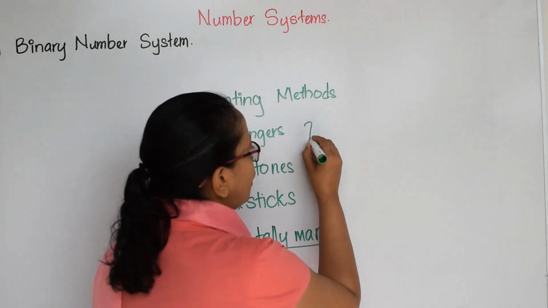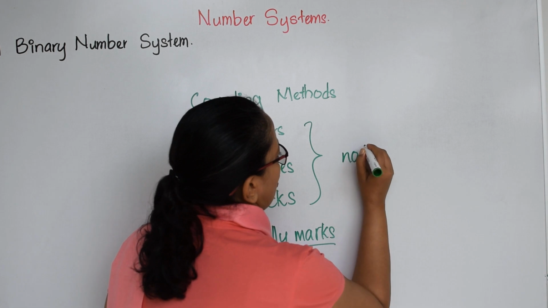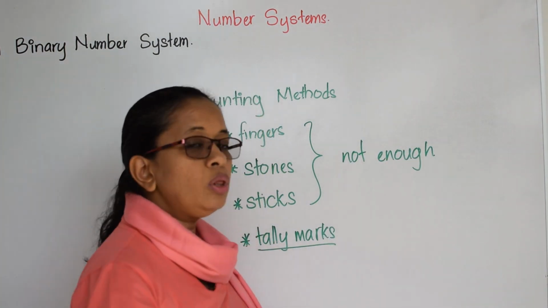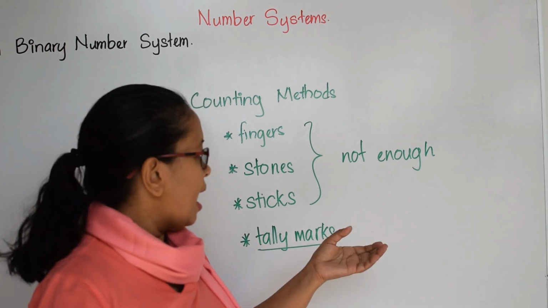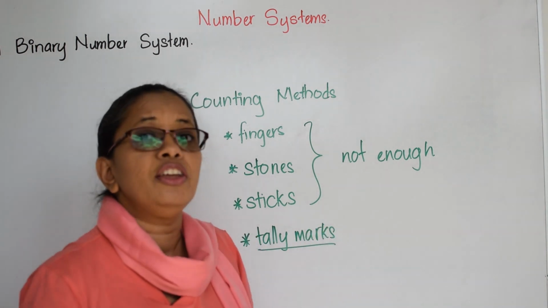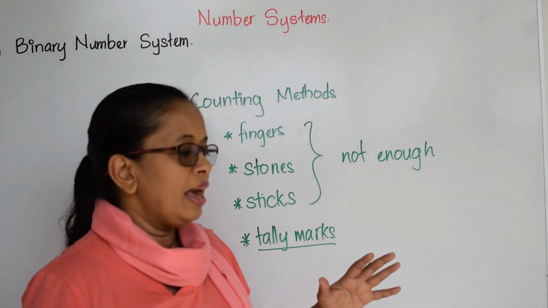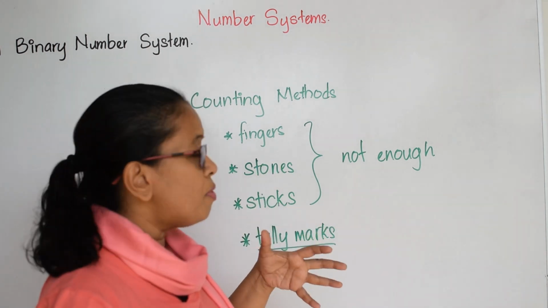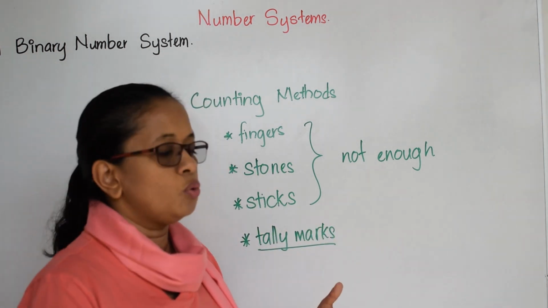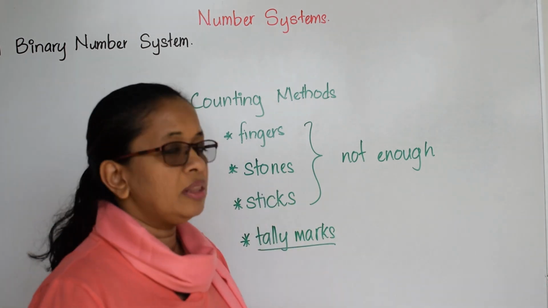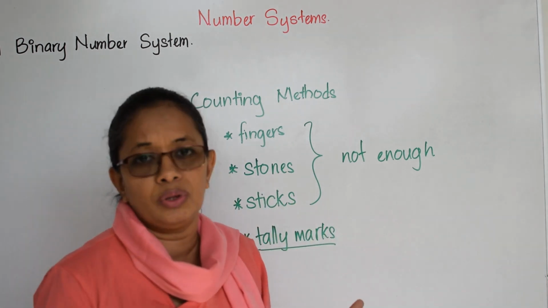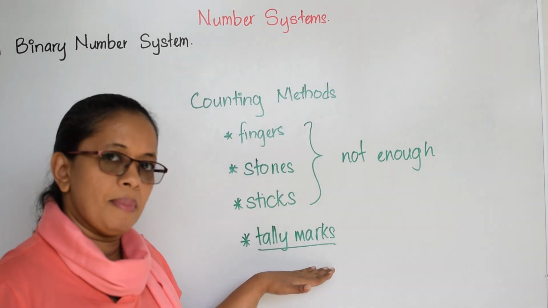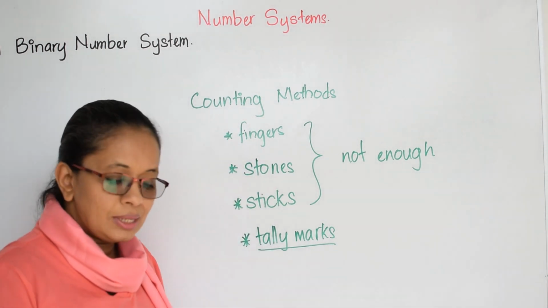Because when the values grew larger, they found out these methods were not going to be enough. They might have had to collect that many stones in a heap to count. All these methods proved to be difficult to use. That is why they moved to a method like tally marks, which they could use easily.